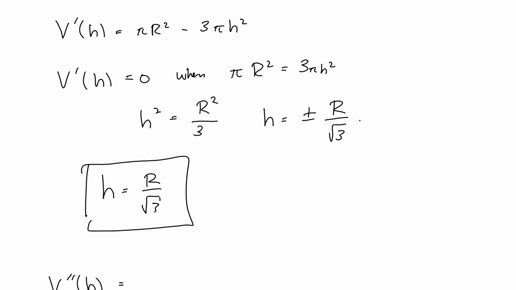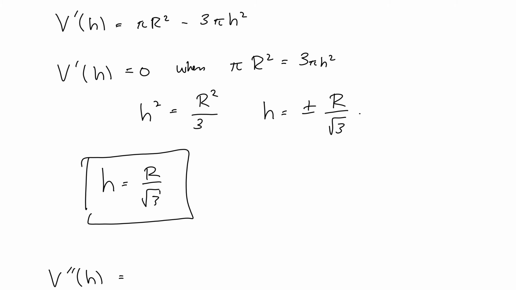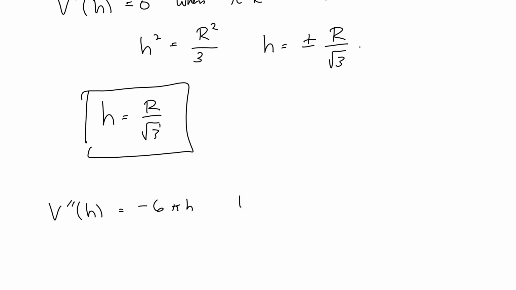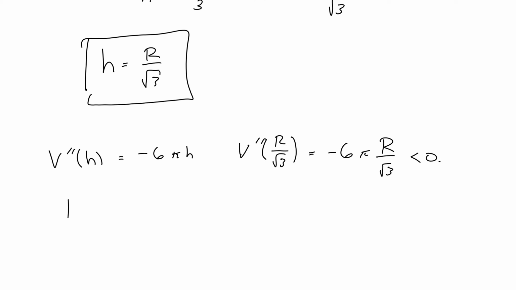So if I look at V prime of h and take the derivative of this, I'm going to get minus 6 pi h. So V double prime of R over square root of 3 is minus 6 pi R over square root of 3, which is negative. So this gives a maximum.